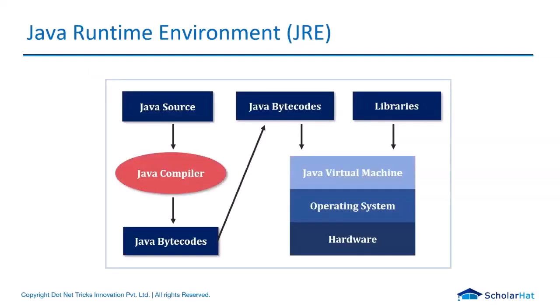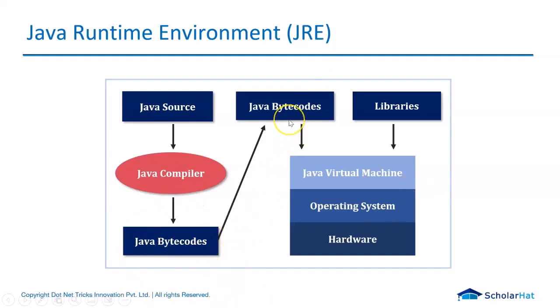When we talk about how the Java runtime environment executes bytecode, the Java source code is compiled by the Java compiler, converting the .java file into Java bytecode, which is also known as a .class file.